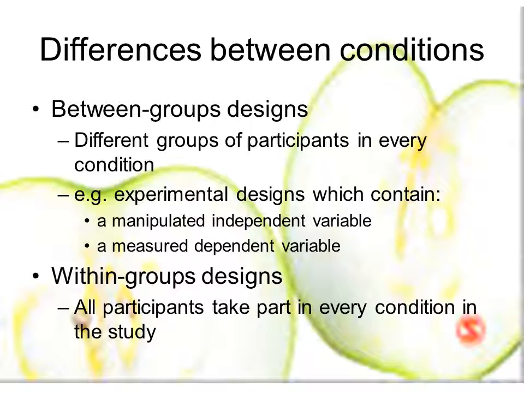The other design that we can talk about is within group designs, and basically that is where all participants take part in every condition of the study. So it's the same group of people, and everything that's done to one group is going to be done to the other group.